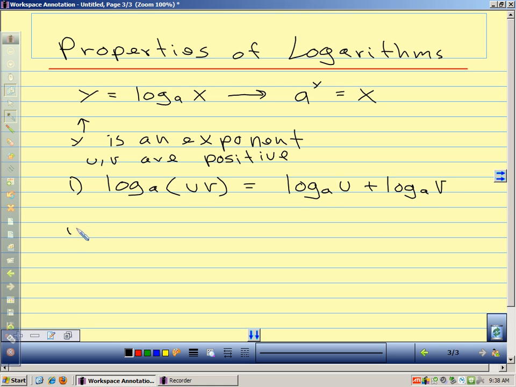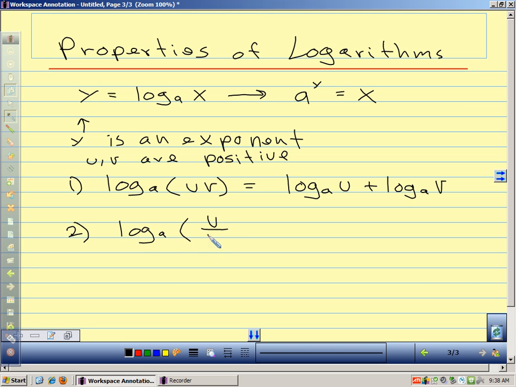That's our first property of logarithms. Just like when we are multiplying a number that's raised to two different exponents, we add the exponents. It's the same idea.